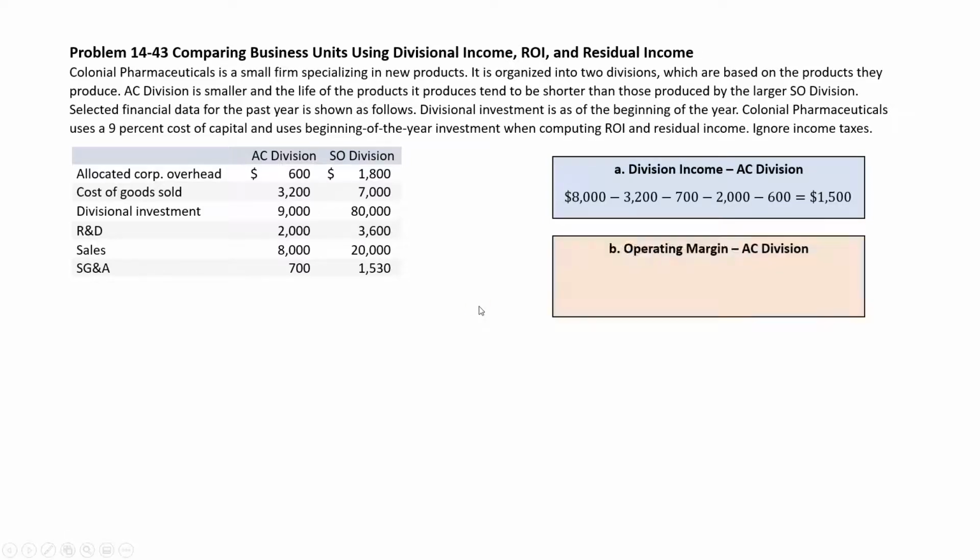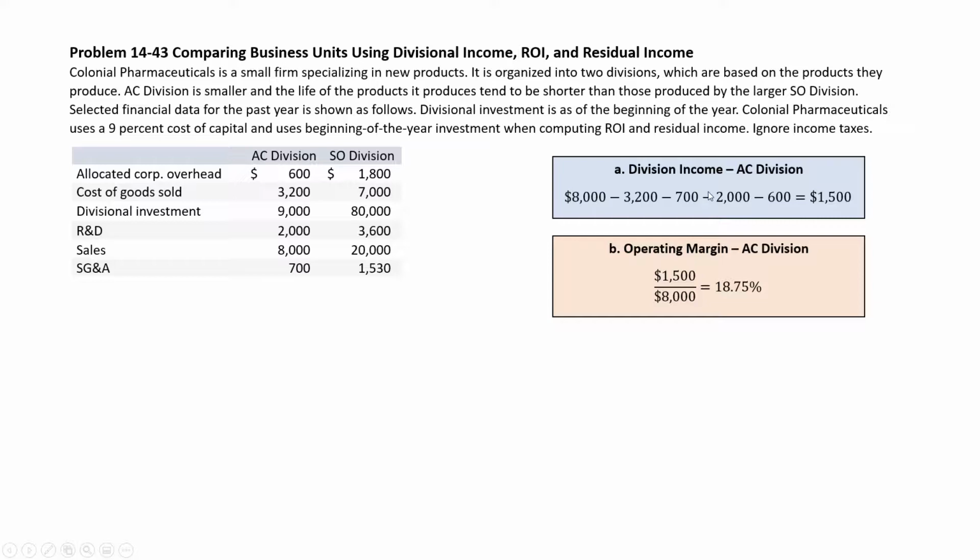Now, next we jumped into operating margin. So there's a number of margin calculations. There's gross margin, operating margin, and also profit margin. All of them we divide something by sales, but it's just what measure on the income statement do we divide by sales. For our operating margin, we divide operating income, which is our profitability before we subtract out taxes.